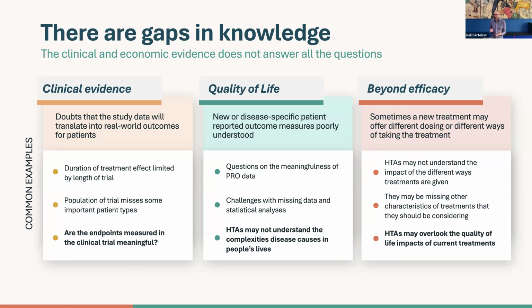And so they may be missing other characteristics of treatments that are important to patients, but are not captured in the clinical evidence. And that may mean they overlook the quality of life impacts on the current treatments and the new treatment because they're not thinking about these wider issues.